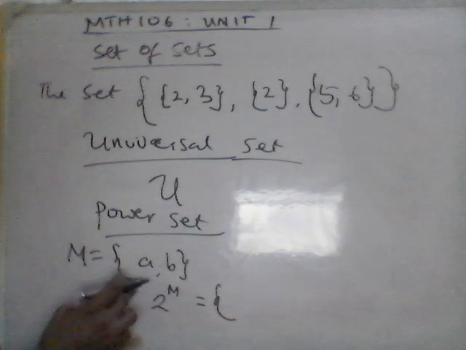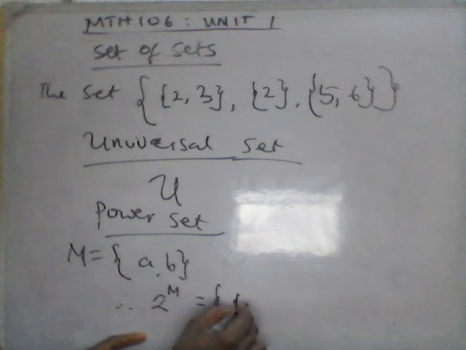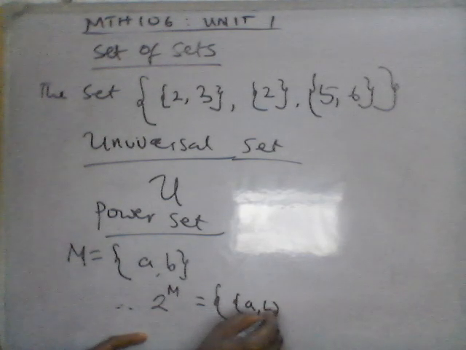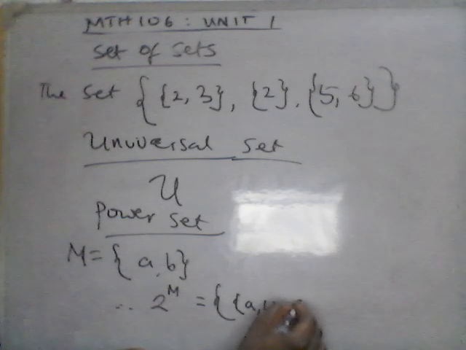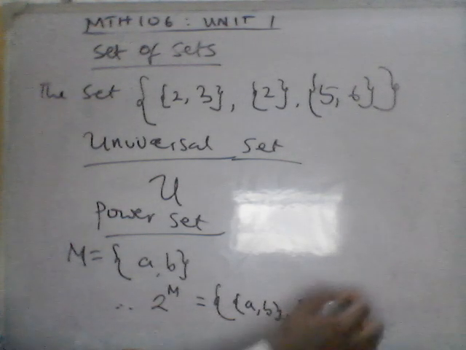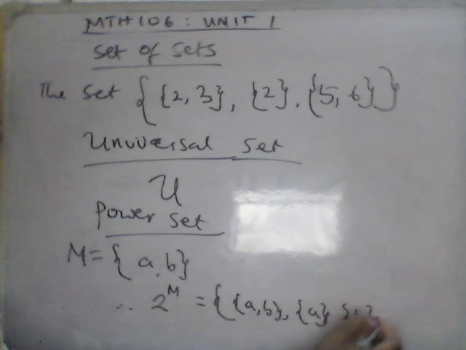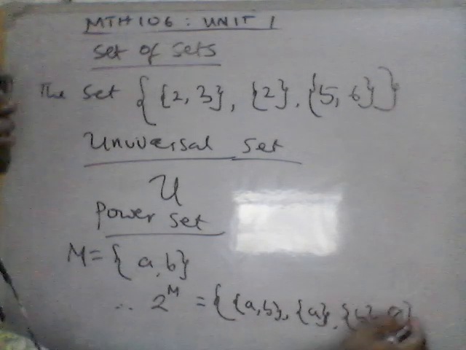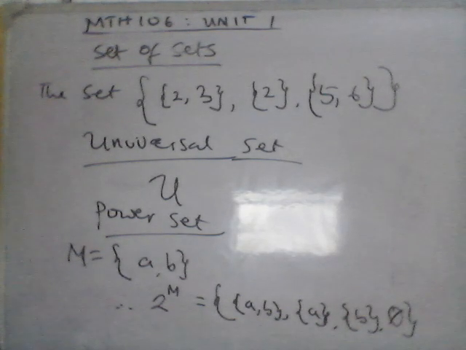You understand? List all these sets like this. I will list a small set inside that contains A and B like this. Then I'll put the set of only A. I'll put the set of only B, and I will put the empty set, the null set.